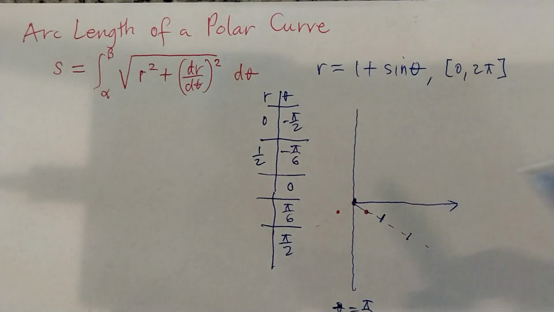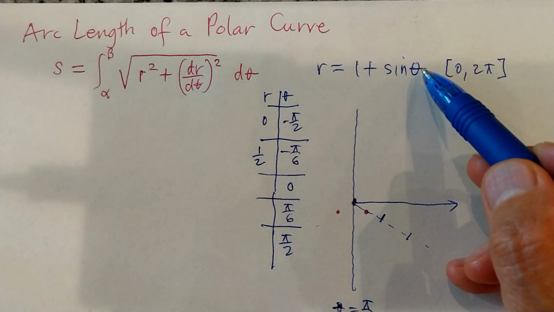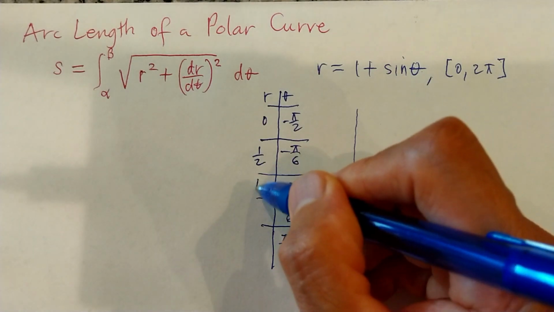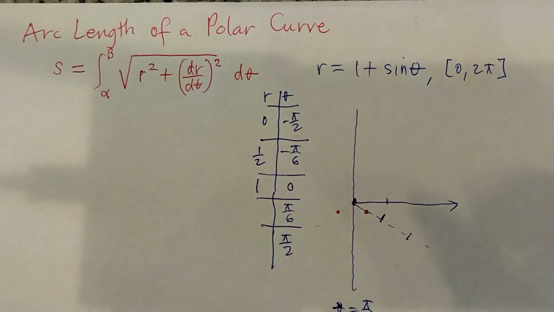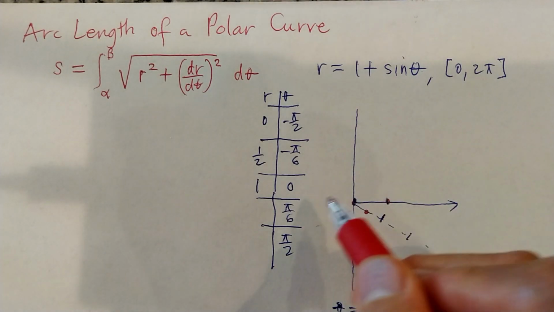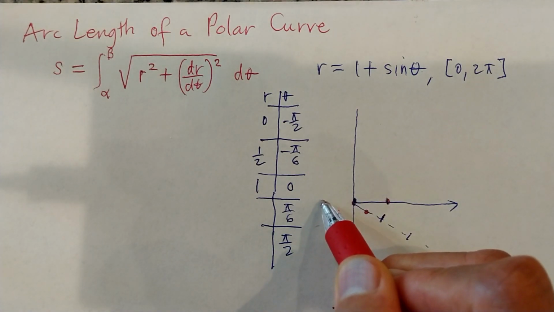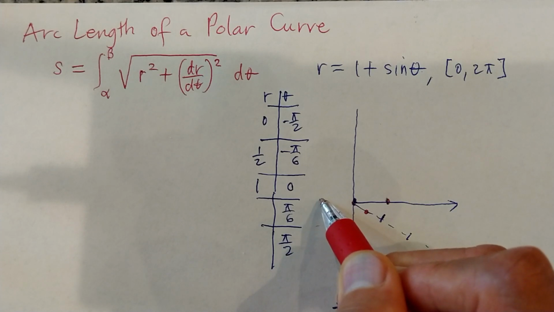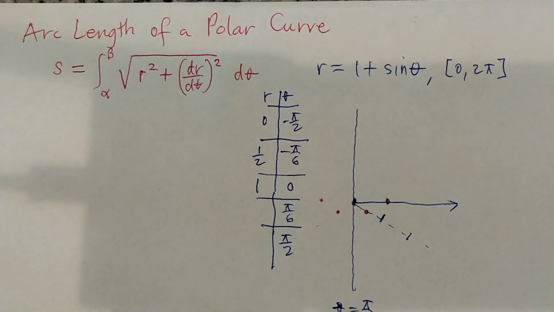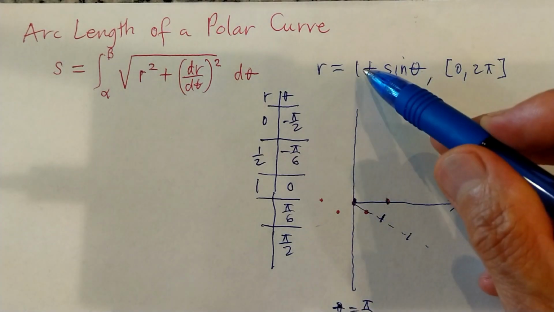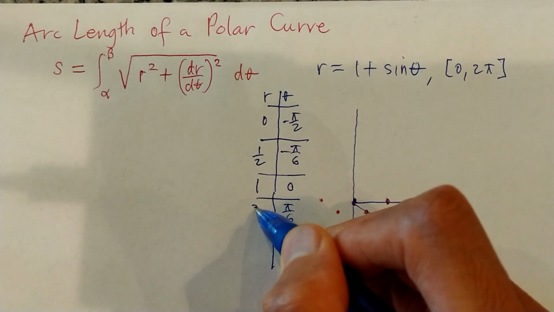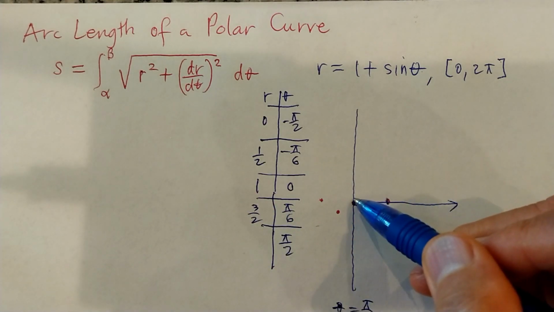If theta is 0, sine 0 is 0, 0 plus 1 is 1, so the point will be here. I'm going to copy that as well onto when theta is equal to pi. When theta is pi over 6, sine pi over 6 is 1/2, and 1/2 plus 1 is 3/2.